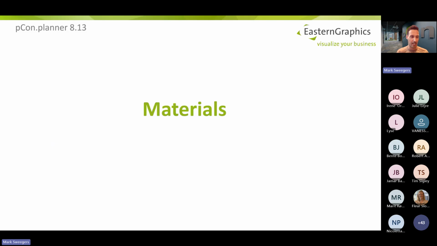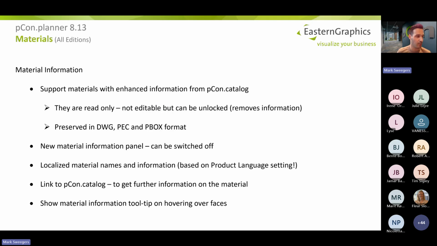Let's take a look at the first big topic that's in 8.13. And that's about materials. What is meant with materials is rich material information, to be exact, because pCon.planner 8.13 supports materials with enhanced information from pCon catalog.